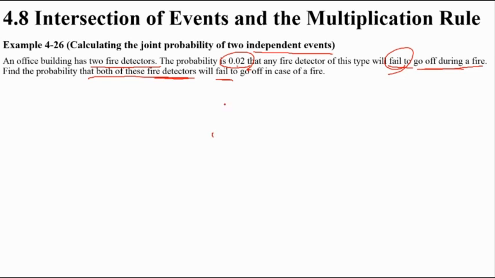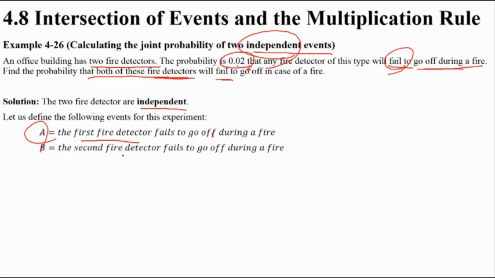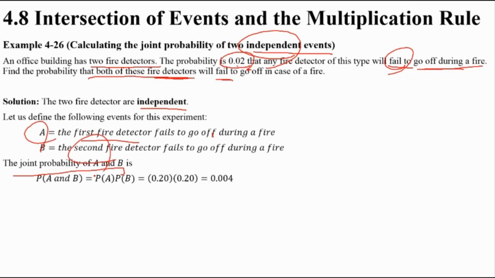First floor, second floor, third floor, different places. So they should be independent events. Let's say A is the first detector, B is the second detector. The joint probability should be independent, so we multiply separately with these numbers.